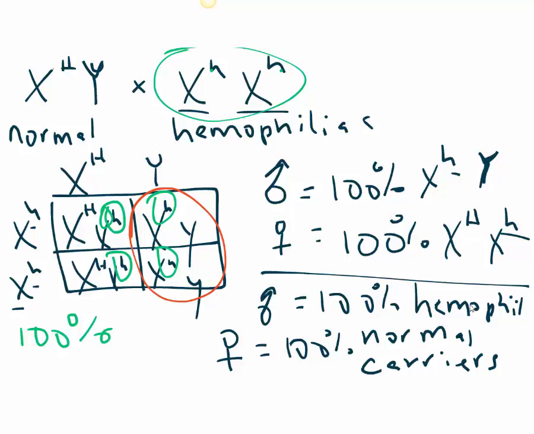What is the probability that a child will develop hemophilia? Well, if we look at all the children here, we can just circle the boys here, 50% of all the children will develop hemophilia, because those boys are going to have hemophilia because they only have the little h allele.